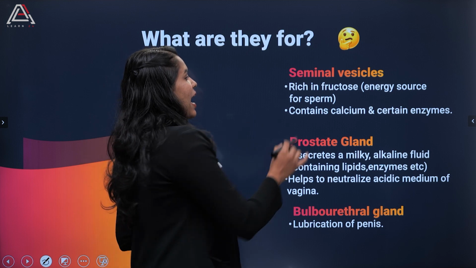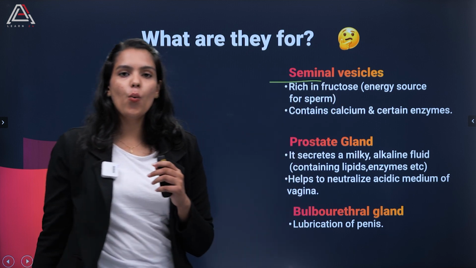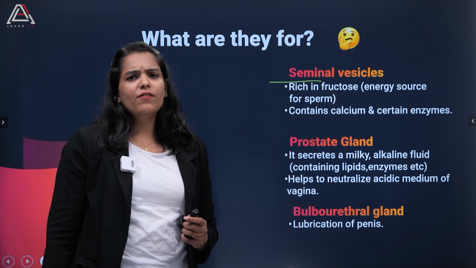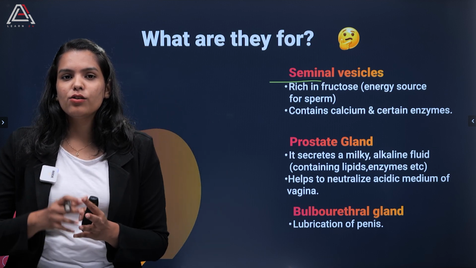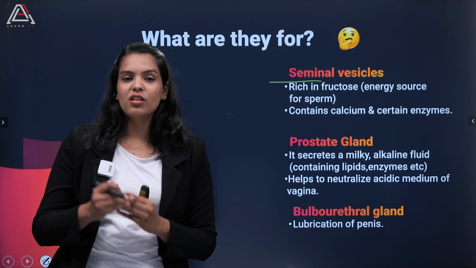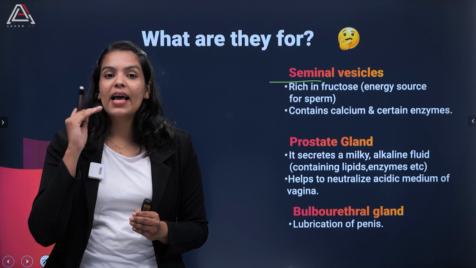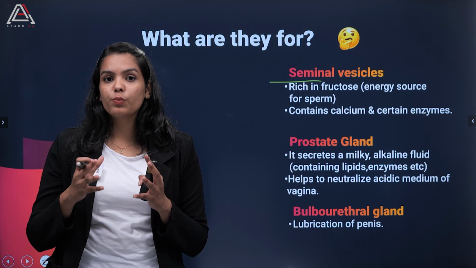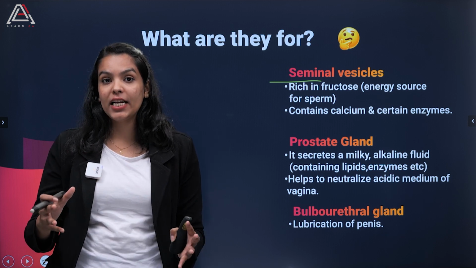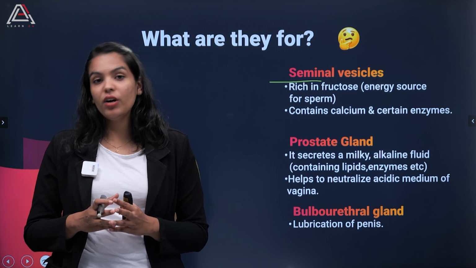So the first gland is the seminal vesicle. Seminal vesicles are highly rich in fructose. Fructose basically provides energy for the sperm, right? For the sperm's maturity and motility, a high amount of energy is required.